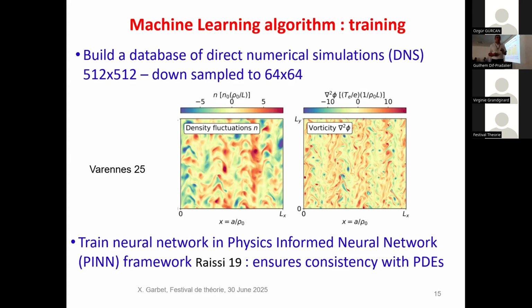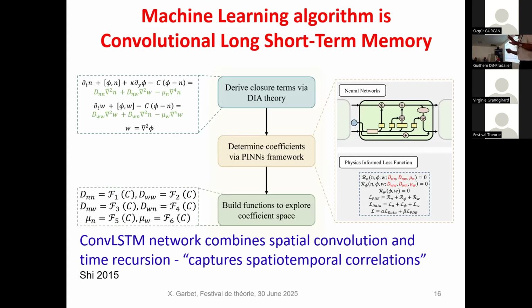So we move to something a little bit more sophisticated, at least for me it's much more sophisticated. But you probably don't see much of this. Anyway, we use something called convolutional long short-term memory.